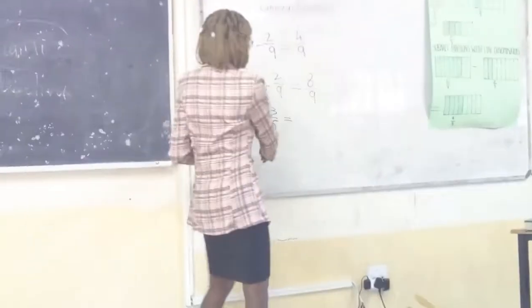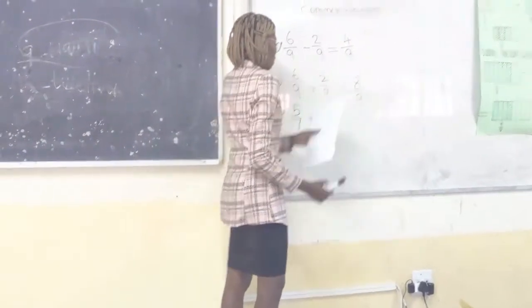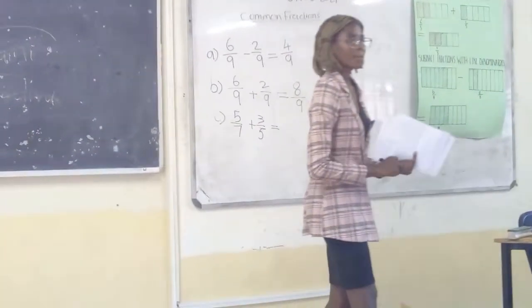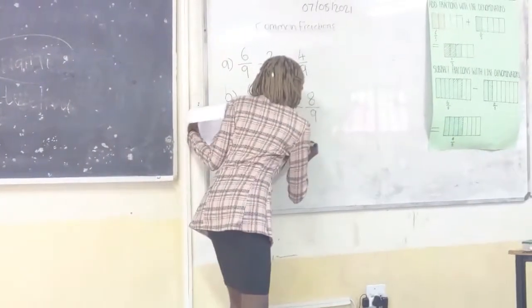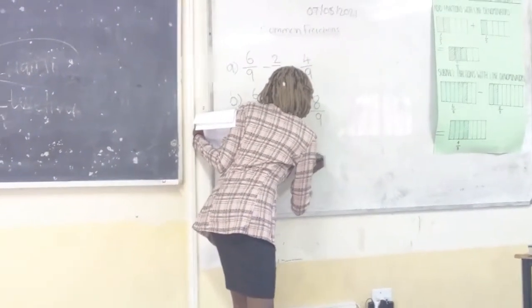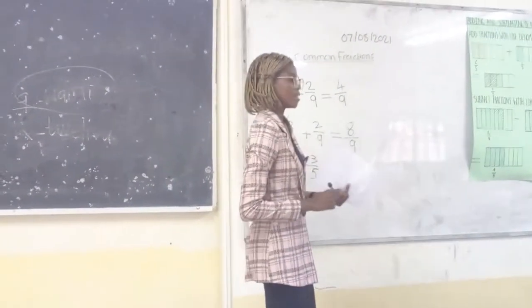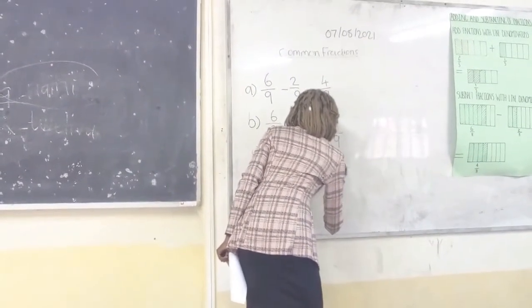This is simply finding the lowest common multiple, in this instance, of 7 and 5. So the lowest common multiple of 7 and 5 is what? 35. Yes, thank you very much. It's 35. Now that we have the lowest common multiple, we are going to write our fractions like this.